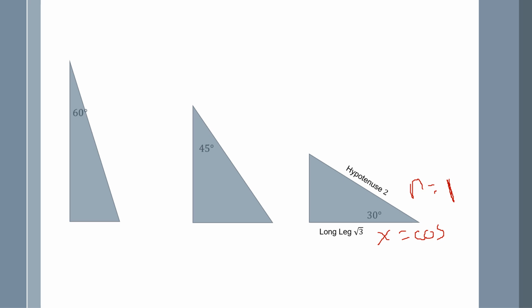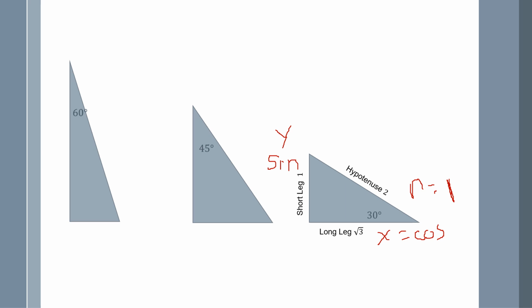But you notice that your hypotenuse is going to be 2. And your short leg is going to be half the hypotenuse, which is just 1. And we know that your short leg is the y, or is called your sine. All right?